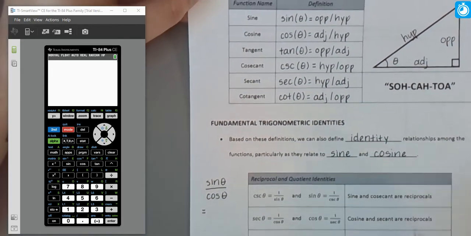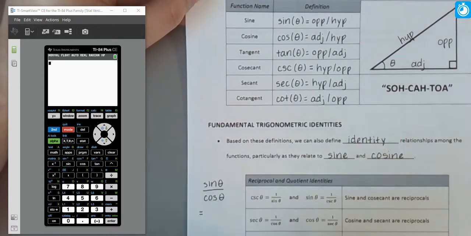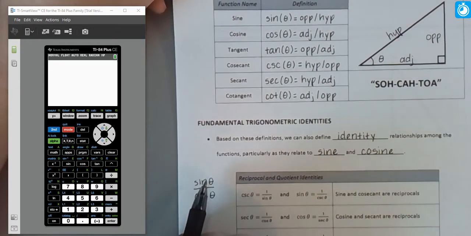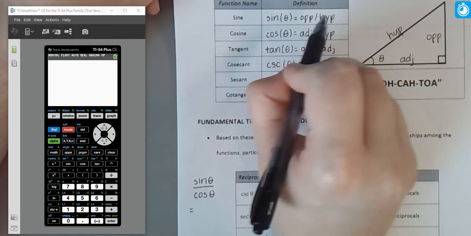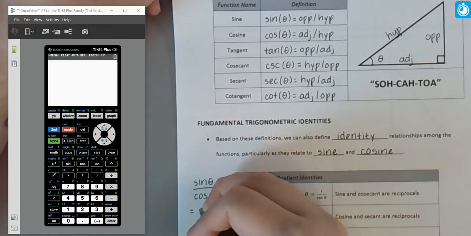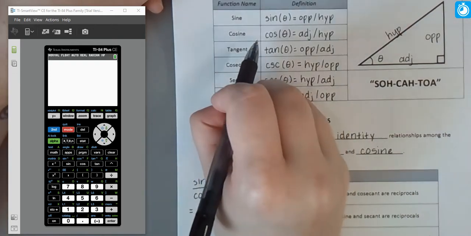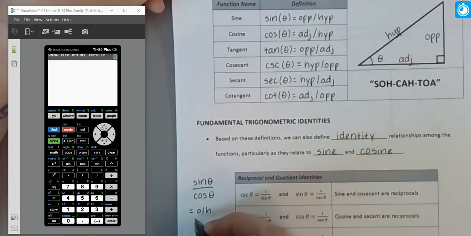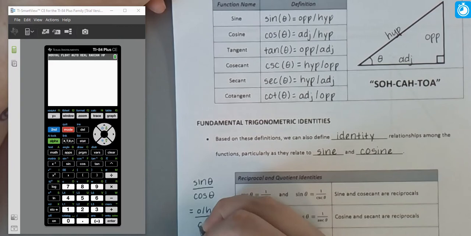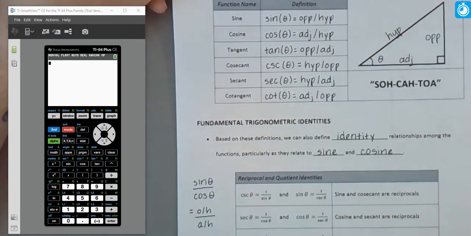Well, based on our ratios, let's actually write what those are equal to. So sine theta is defined as our opposite over hypotenuse, which I'm just going to write as O divided by H. And then cosine is defined as our adjacent over hypotenuse. So that's divided by adjacent over hypotenuse.